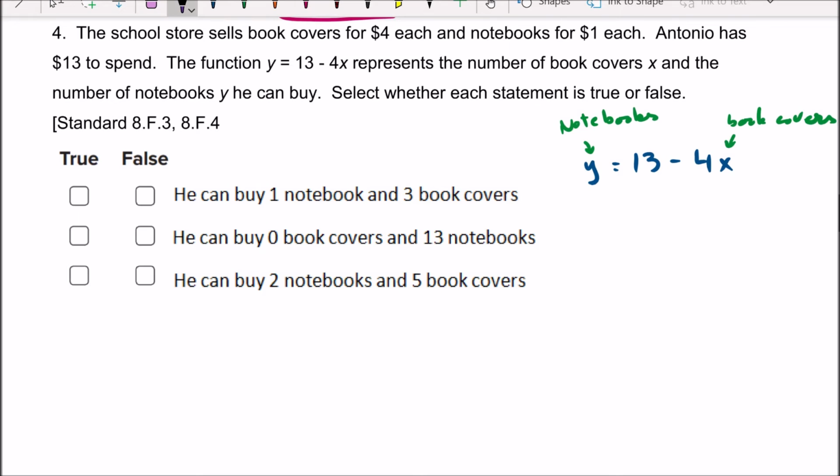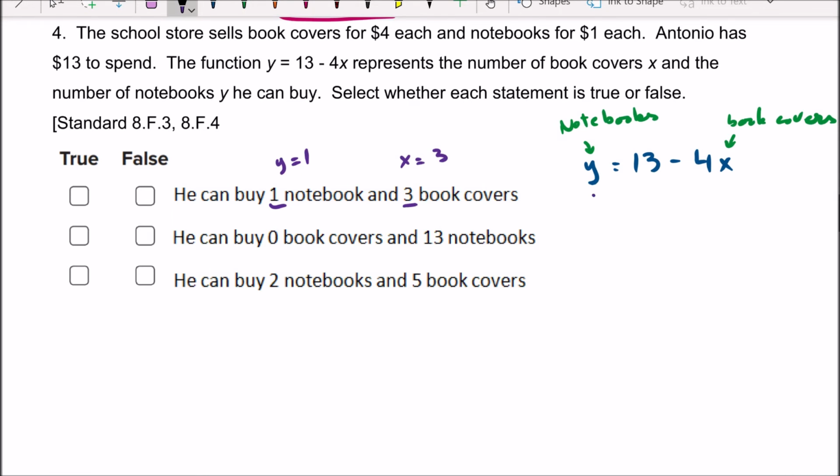The first sentence: he can buy 1 notebook and 3 book covers. Keep in mind, notebook is y, so y is 1, and book cover is x, which is 3. All we need to do is plug them into the function and see if it's true or false.